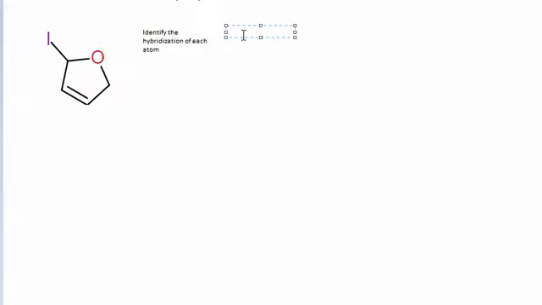I also want the total hybrid orbitals, and I also want the orbitals involved in each sigma bond. Okay, and I recommend right now you pause the video and work this out yourself.